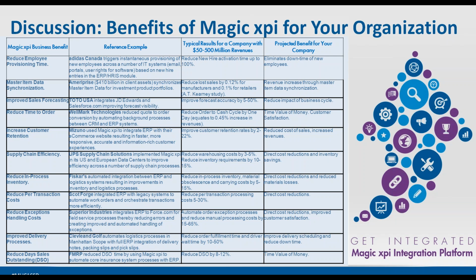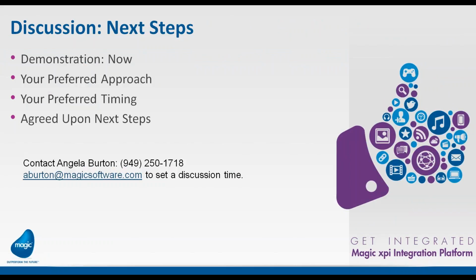Now, we can sit down and have a detailed conversation with you about the kinds of business benefits that are possible from various types of integration and look at the projected benefits for your company. Actually, we have a very nice ROI calculator that can help you to visualize that so that you can go into your recommendation for an integration project with an understanding of the kinds of benefits that are possible for your organization.